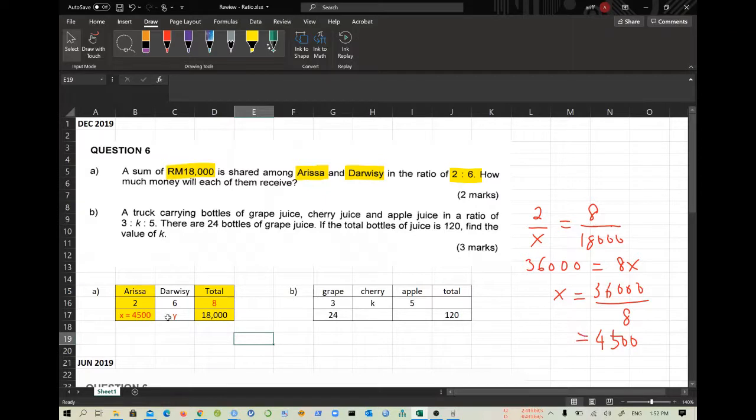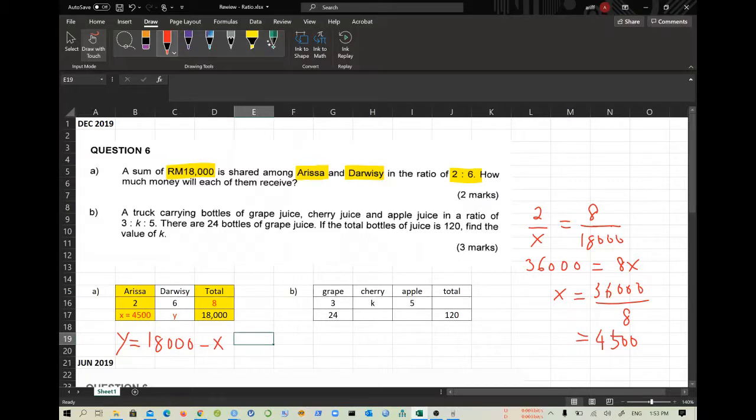But right now, choosing Darwisi with total or Arisa with Darwisi, the easiest way is to take y is equal to 18,000 minus x, right?